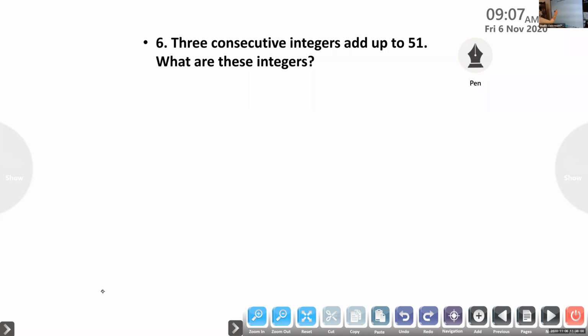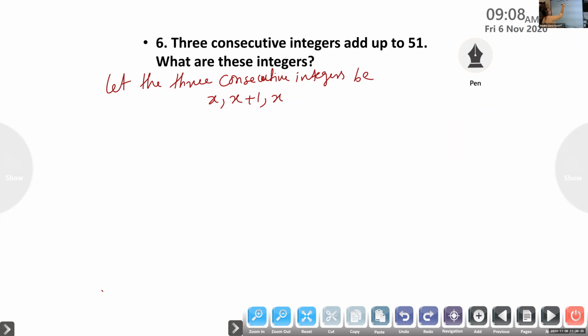Let the 3 consecutive integers be x, x plus 1, x plus 2, like 5, 6, 7 or 10, 11, 12.